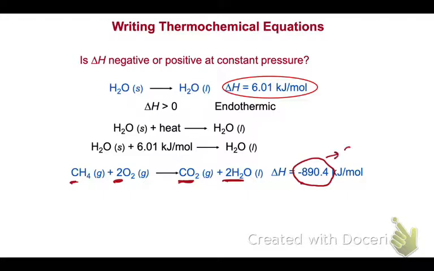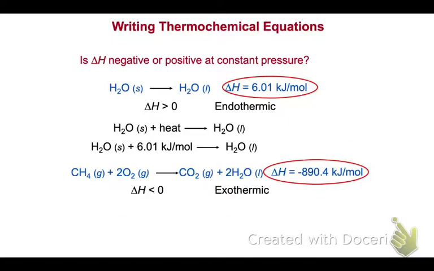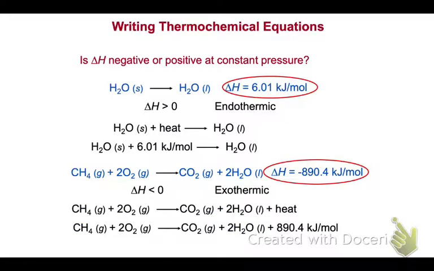And the reason why I say will come out is because I have a negative sign, and the negative sign says exothermic, right? Heat is a product in this case. Because it's a product, I can also write it as a product.